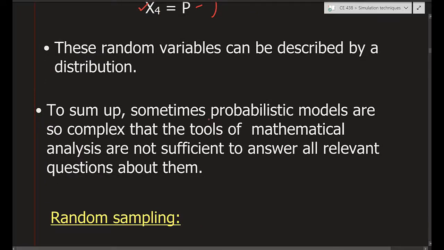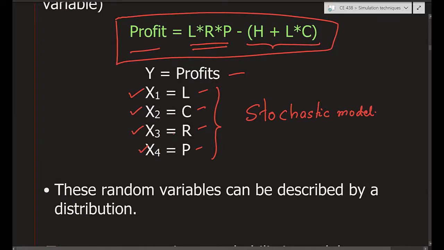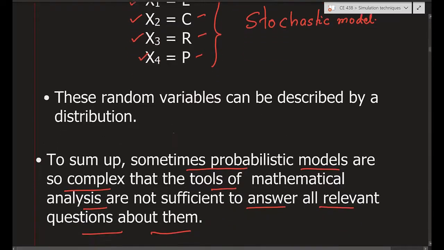So to summarize, sometimes probabilistic models are so complex that tools of mathematical analysis are not sufficient to answer all the relevant questions about them. This model is a relatively simple model, and we can do this kind of exact analysis using the distributions, but sometimes it becomes very difficult to perform a mathematical analysis.